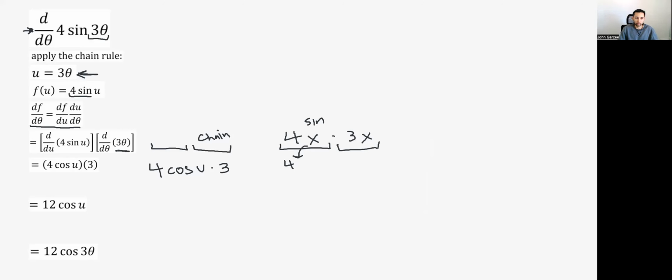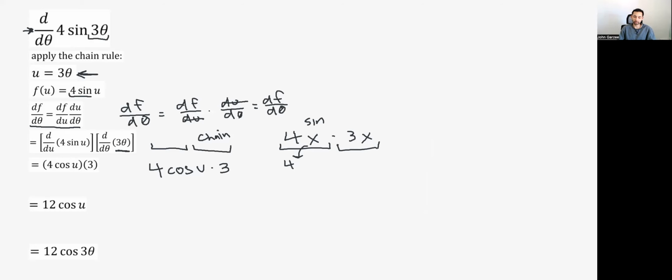So it's df over d theta, the derivative of the function with respect to theta. We split it into 2 parts where we take the derivative of f in terms of u, and then the derivative of u in terms of theta. This is true because if you have du on the bottom and du on the top, they cancel out and you get df over d theta.